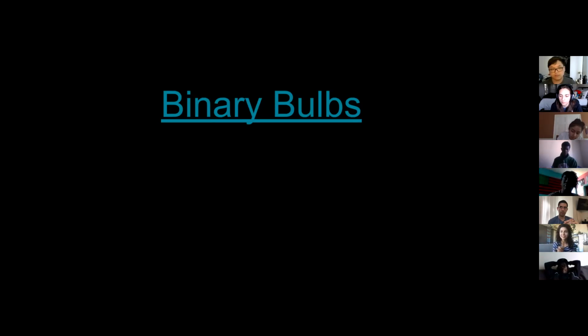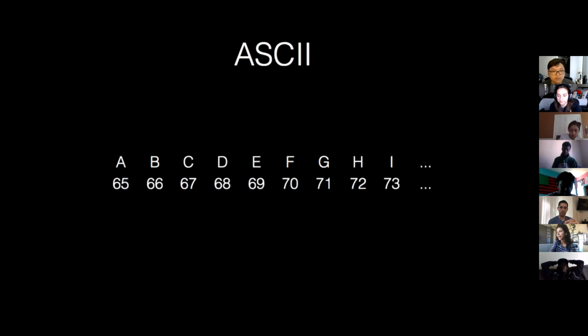So the world decided arbitrarily, completely arbitrarily, as in there's no reason for it, but at least universally, that if you want to represent the capital letter A, the pattern of zeros and ones would ultimately be the decimal number 65. We'll just all agree on that. And if you want to represent the capital letter B, you're going to use the patterns of zeros and ones that give me 66, and so on.